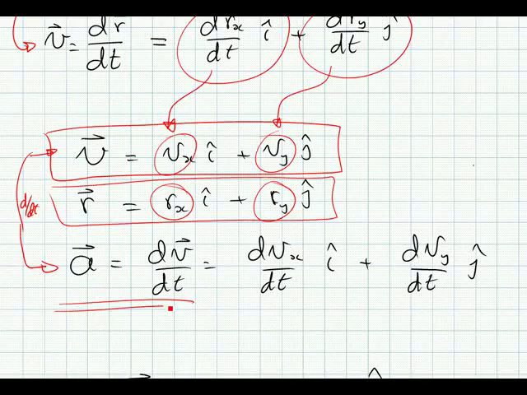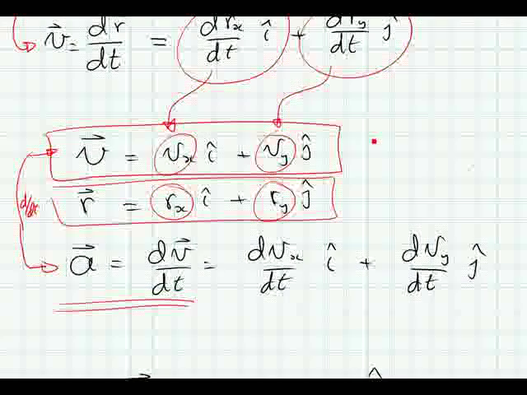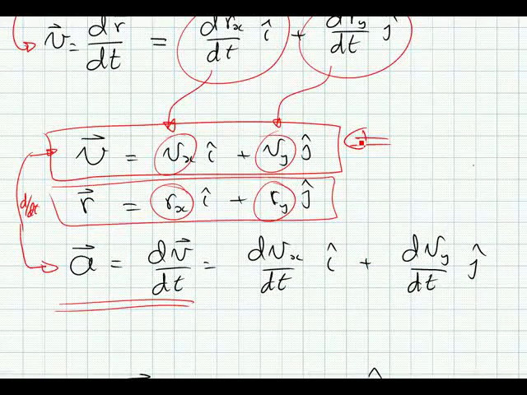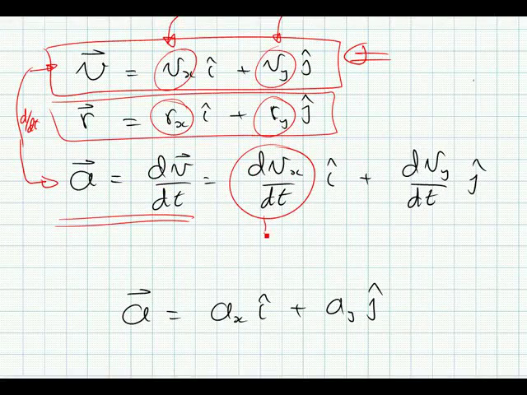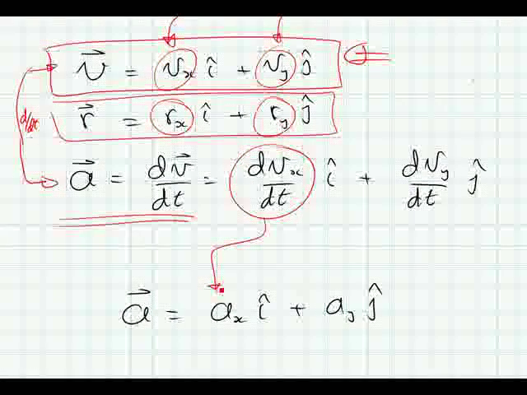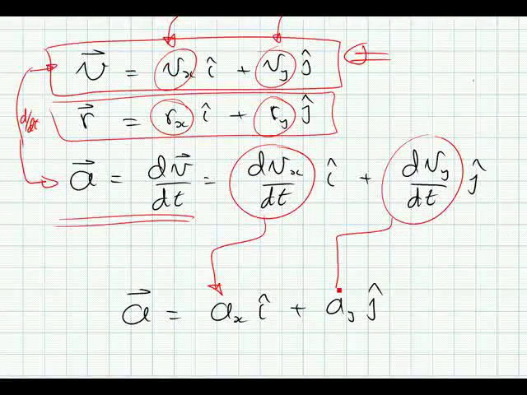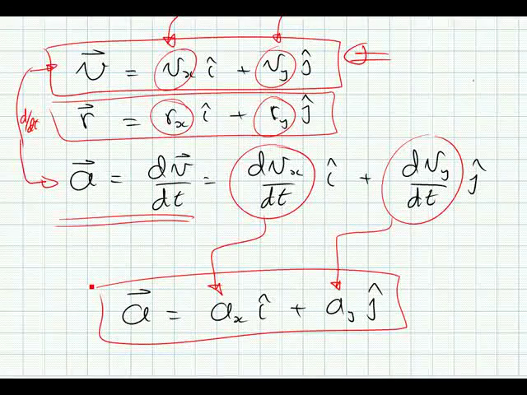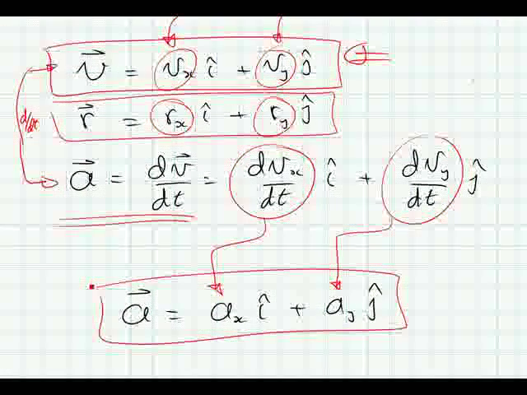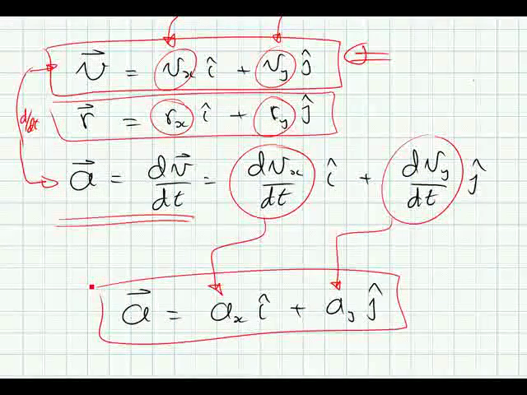Acceleration, as you know, is dv/dt, which, if we differentiate this equation with respect to time, we end up with dvx/dt i plus dvy/dt j. Well, dvx/dt is nothing more than the acceleration along the x-axis, and dvy/dt is nothing more than the acceleration of the object along the y-axis. So this is the third equation that defines the motion of the object on a plane, namely the acceleration vector for the object.